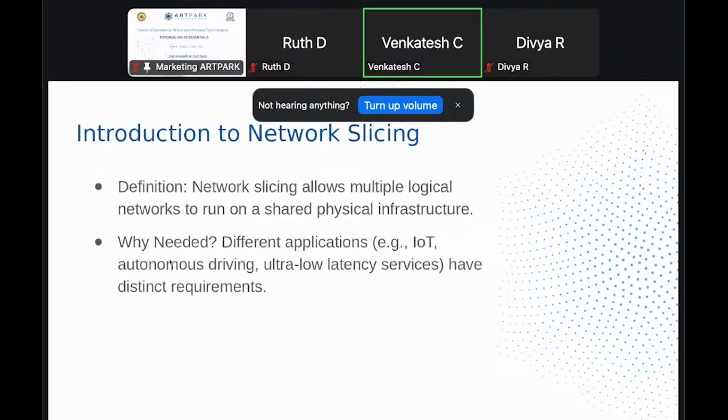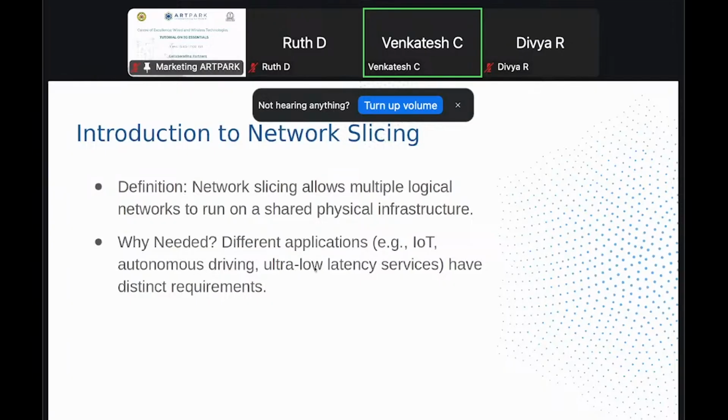For example, IoT devices require massive connectivity, but consume low bandwidth. In the case of autonomous driving vehicles, they need ultra-low latency, and it should be very reliable for critical operations.